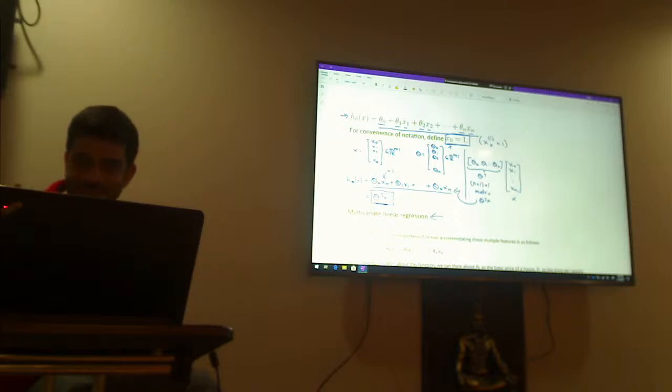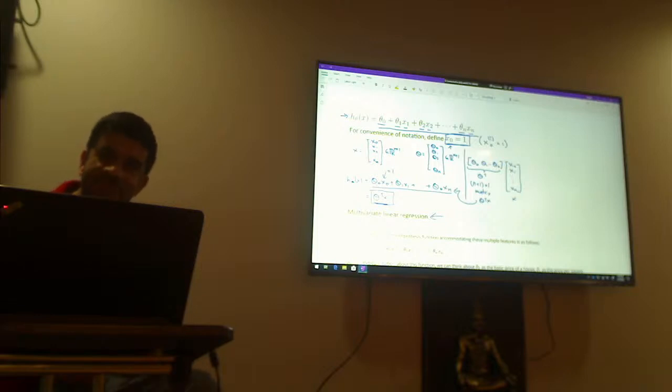Let's say that earlier 3 variables were there: theta 0 plus theta 1 x1, theta 2 x2, theta 3 x3. So 3 features were there. If n represents the number of features, what would be the dimension of that vector? n plus 1, correct? Okay.